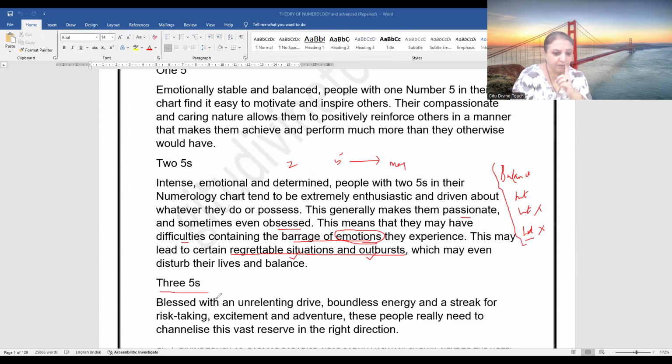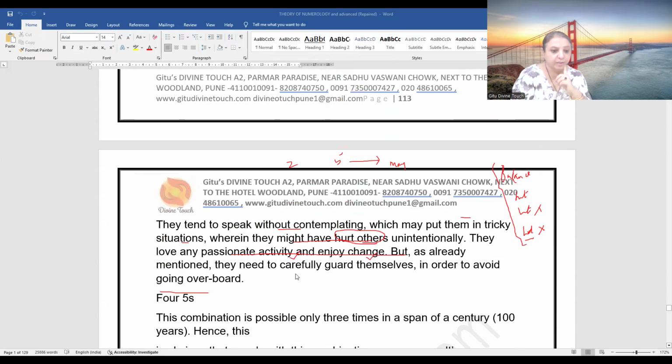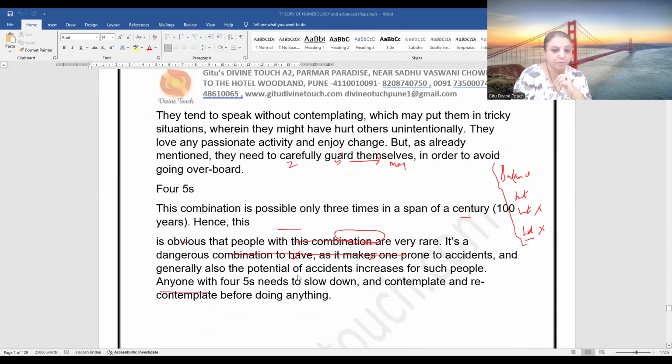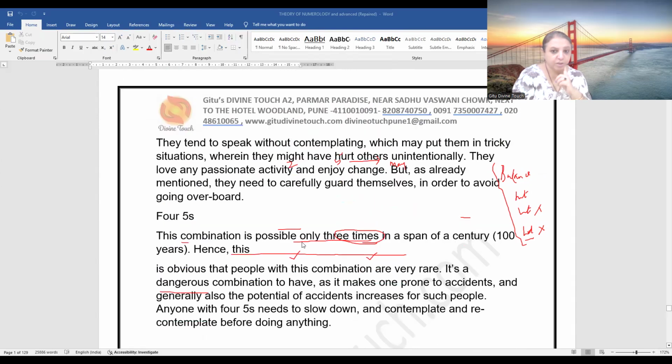Three fives: they are blessed with an unrelenting drive, boundless energy, and a streak for risk-taking, excitement and adventure. These people really need to channelize their vast reserve in the right direction. They tend to speak without contemplating, which may put them in a tricky situation.